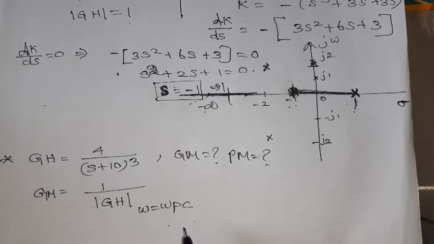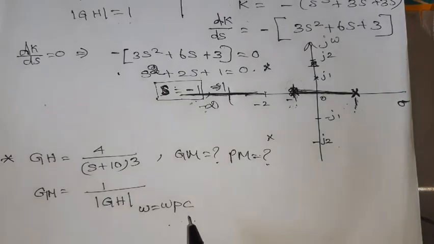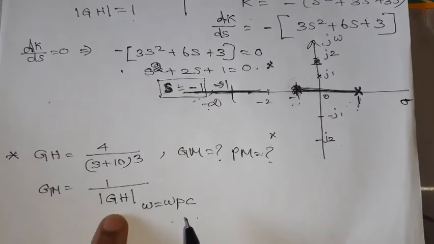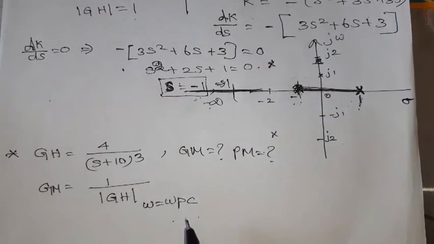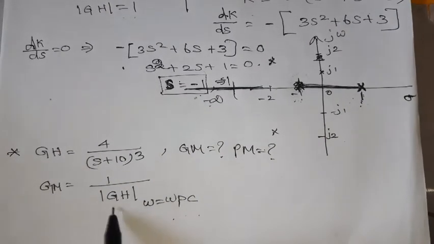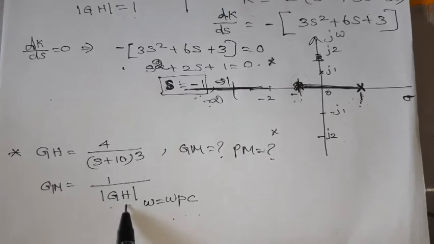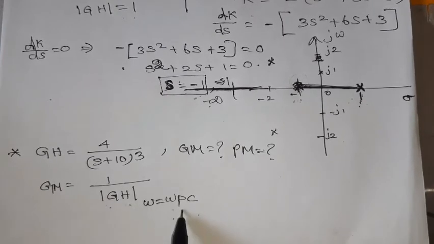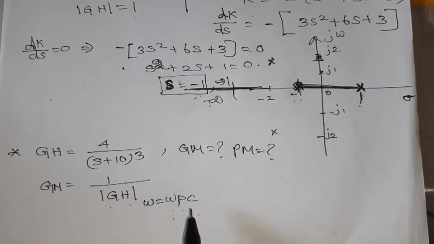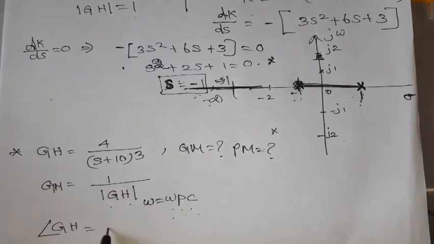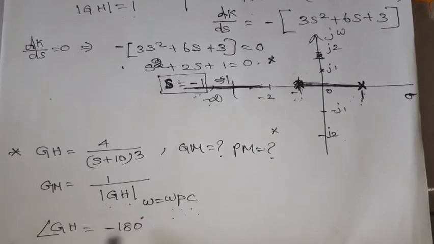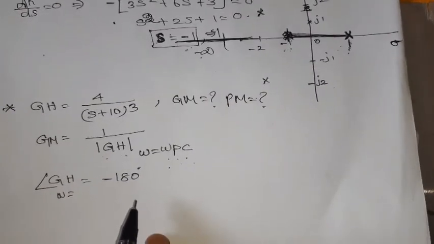Omega PC is the value of the phase crossover frequency at which we find the magnitude of G of j omega H. How to find the magnitude of GH at omega equal to omega PC? The angle of GH should be minus 180 degrees at omega equal to omega PC.